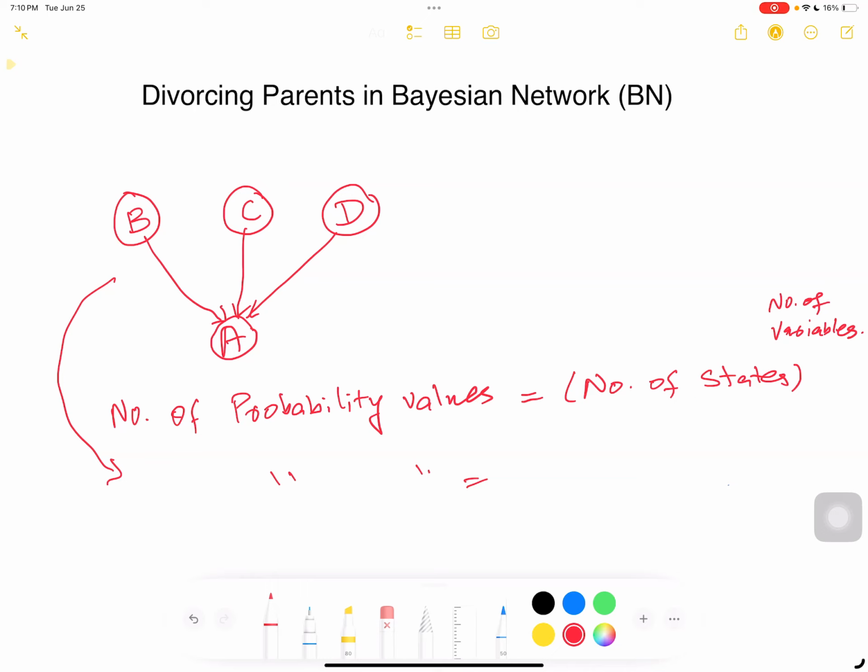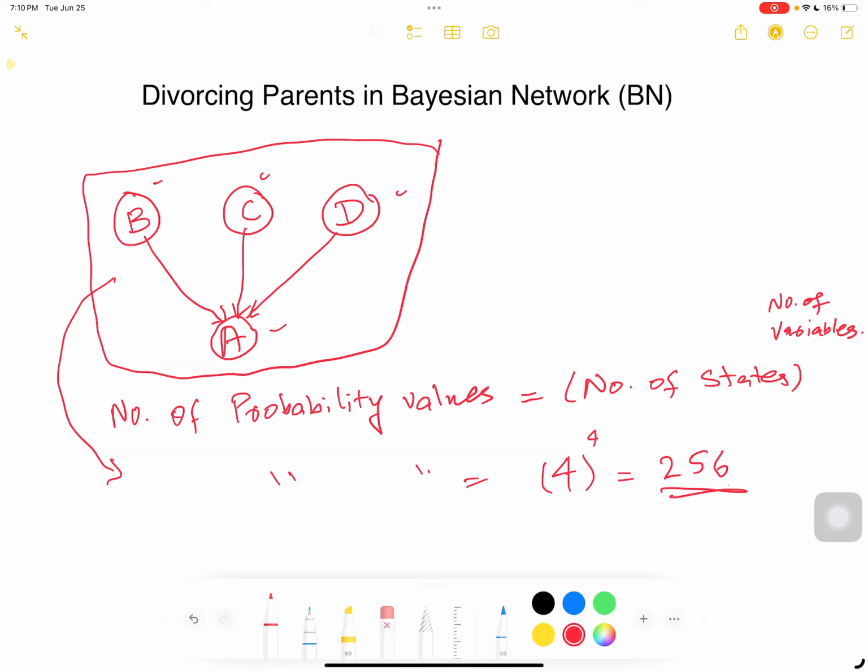So let's say each variable has 4 states. So 4 raised to the power of the number of variables. A, B, C, D, we have 4 variables. So 4 raised to power 4 gives 256. This means in order to solve this Bayesian network, we need 256 probability values to be populated into the conditional probability tables.